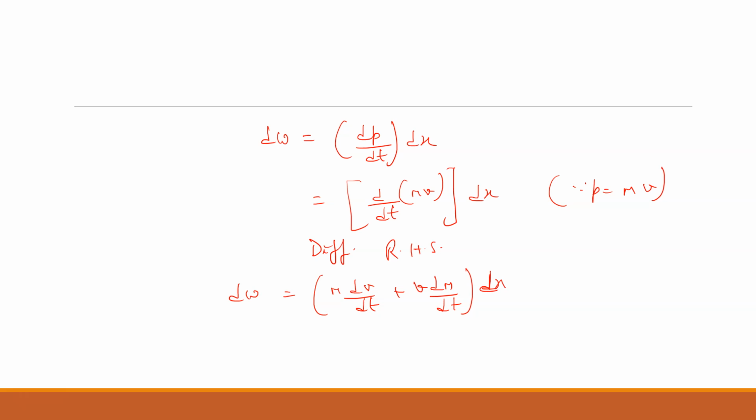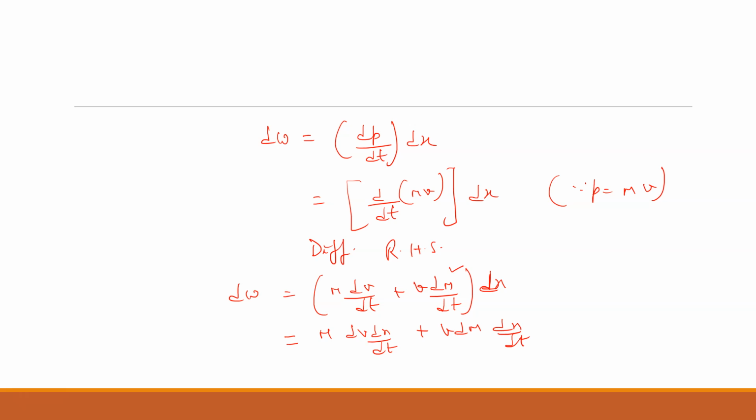Now it may come to your mind that dm by dt is zero because mass is constant. But remember, here mass is also variable. m naught is the rest mass, m is the variable mass. So the differentiation of m with respect to t will not be 0. So it will become dW equals m dv dx by dt plus v dm dx by dt.